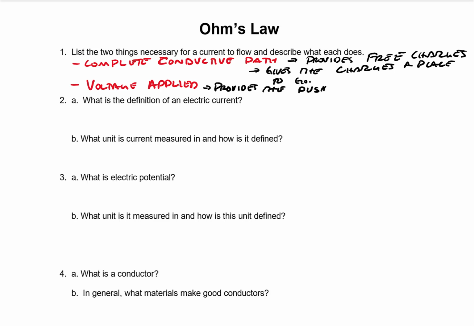What's the definition of an electric current? An electric current is the charge per unit time moving through a place in a circuit.